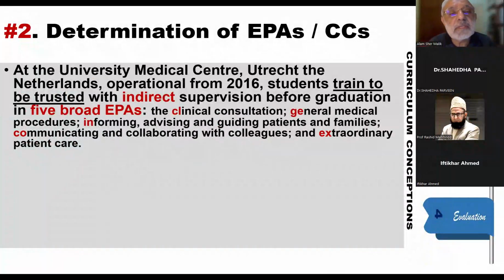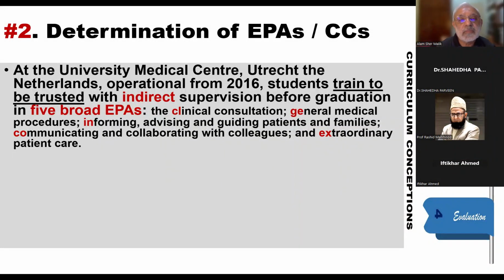At University Medical Center Utrecht in the Netherlands, from 2016, they train the students to be trusted with indirect supervision before graduation in 5 broad EPAs. So here are the 5 broad EPAs identified by the University Medical Center.